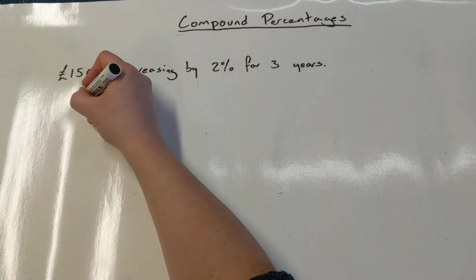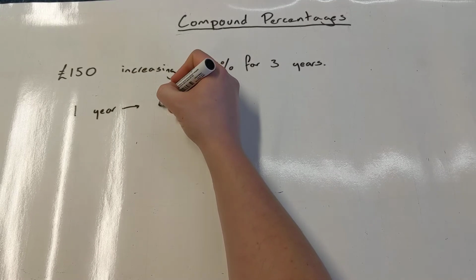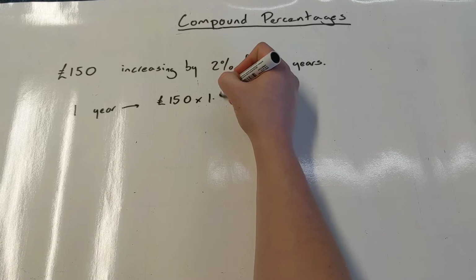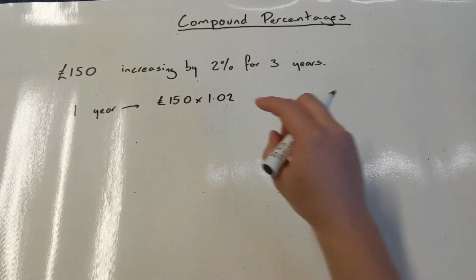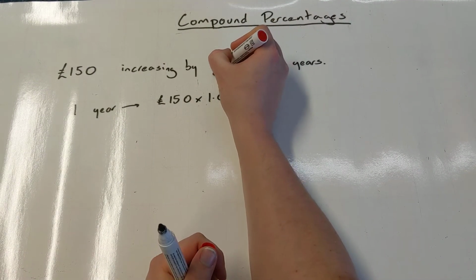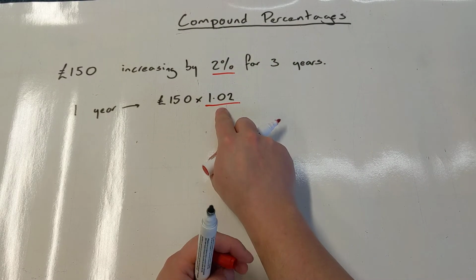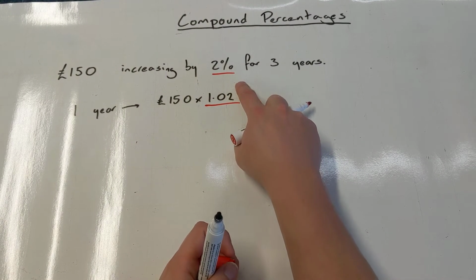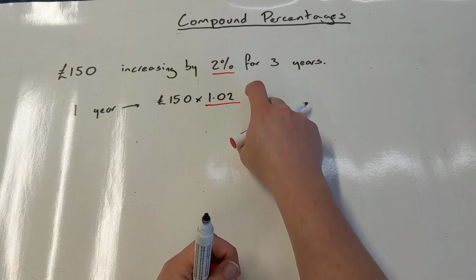So, after 1 year, we'll do 150 and we'll times that by 1.02 to see what it is with an increase of 2%. Now, this idea of linking an increase of 2% and multiplying by 1.02, that's something you should be familiar with, but I will also put up a link to a video that goes over that process too, just in case you've forgotten.